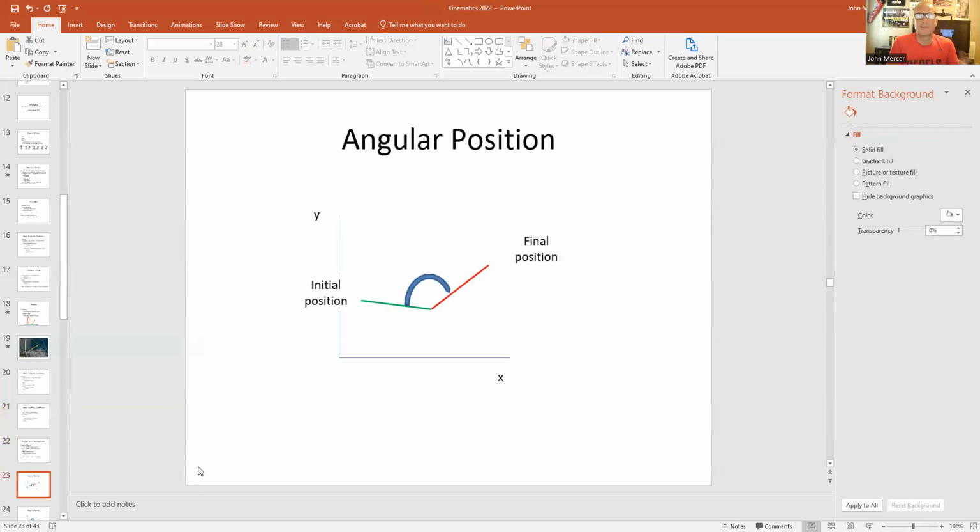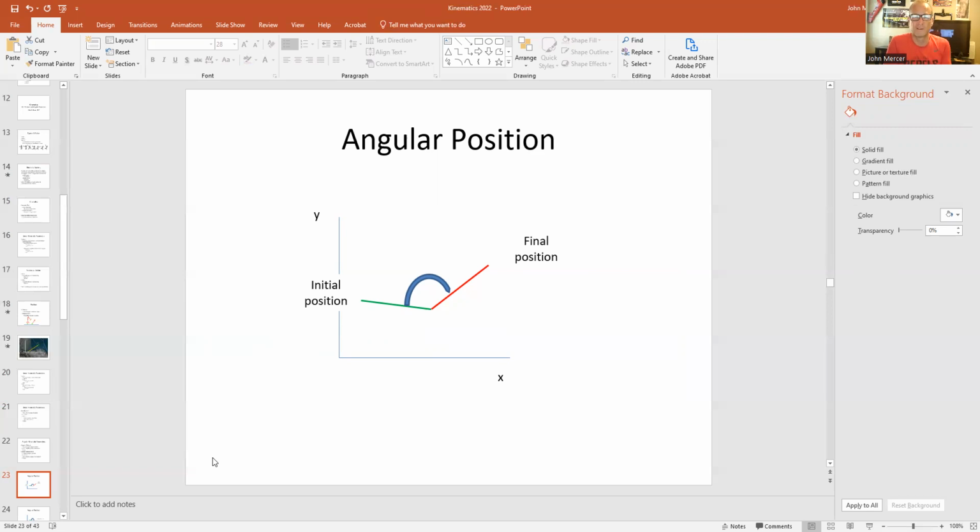All right, so that's linear. Now angular kinematics. Position, velocity, acceleration: angular position, angular velocity, angular acceleration. Those are the same parameters. And what we're going to learn is that the relationship between these parameters, the math behind the parameters, is exactly the same whether we're in the linear world or the angular world.